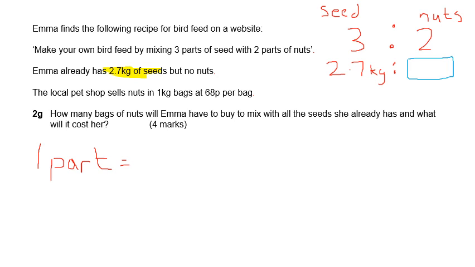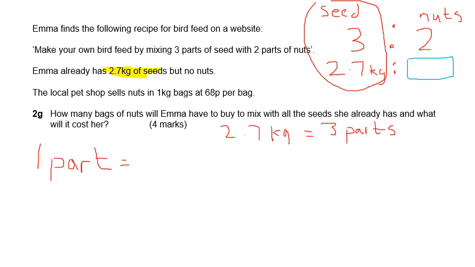If we look back up here, we know that 2.7 kilograms represents 3 parts. Once again, sorry about the writing. The key to any ratio question is one part, so we need to find out what weight represents one part.